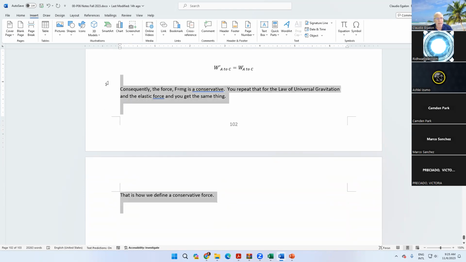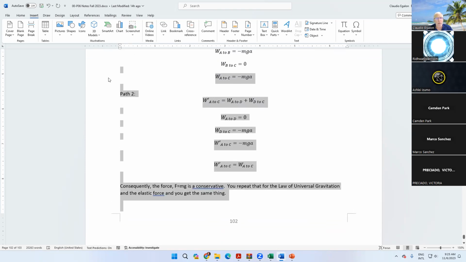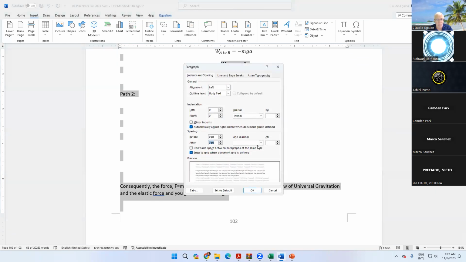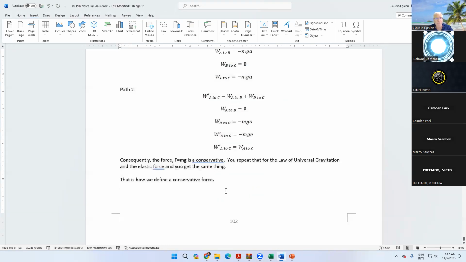And the nice thing is that it doesn't matter what path we take. Right now, I took a very simple path, but if I come up with a far more involved path, full of wiggles and turns and twists, you still get the same thing.